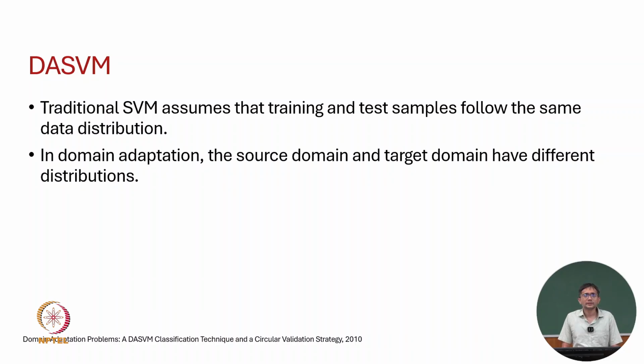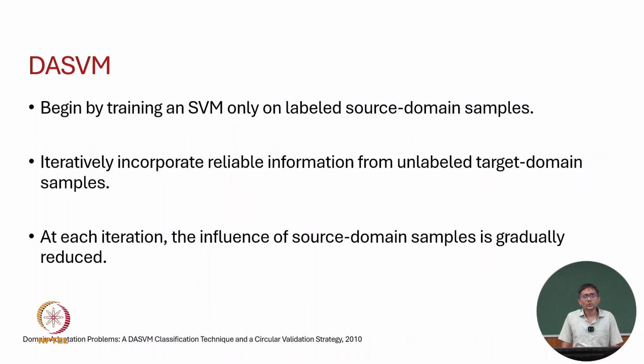Now, in the source domain, we have label data. So for SVM, we need label data to train, right? So obviously we'll start with training SVM on the labeled source domain samples. On the other hand, for the target domain, we do not have label data. What we do here is iteratively incorporate reliable information from the unlabeled target domain samples.